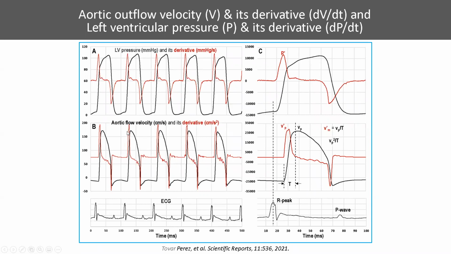And so you can see they clearly follow each other. And here is how we measured it. So delta P prime, that's what is dP/dt. And here is V prime. This is the peak aortic velocity. And we calculated mean velocity using this, the peak divided by the time it takes to reach the peak.